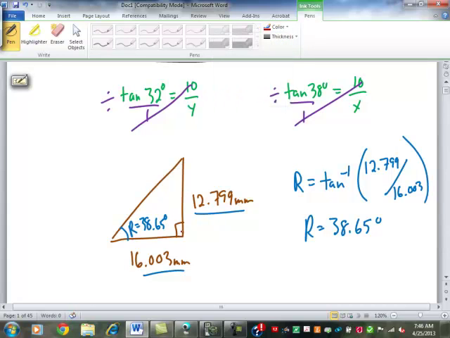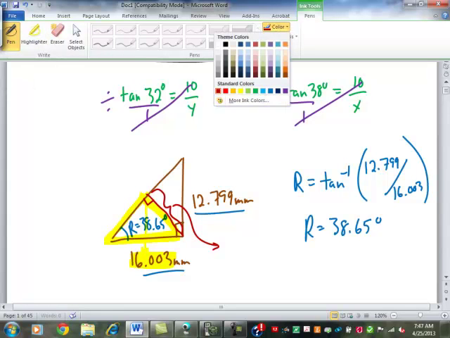Now remember, the next step is to take this triangle and cut it across there and find that length here. So the triangle we're looking at now is this one here highlighted in yellow. So the 16.003 now becomes the hypotenuse because it's across from the right angle.